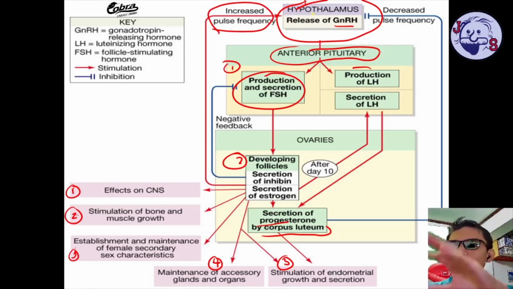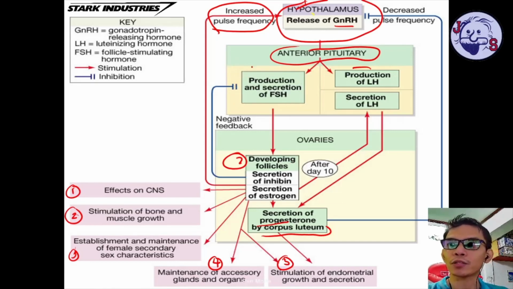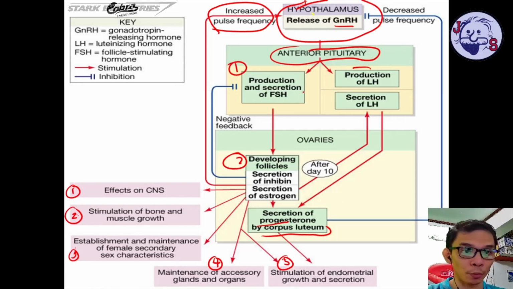So overall, this is the diagram. All you need to do here is to follow the arrow. The process always starts here, in the production of the follicle stimulating hormone.